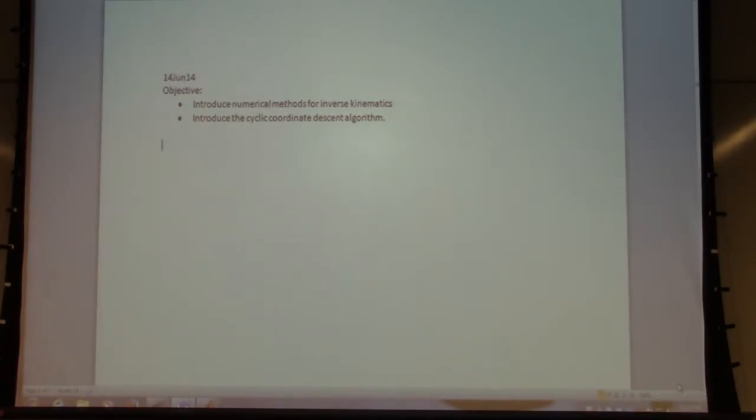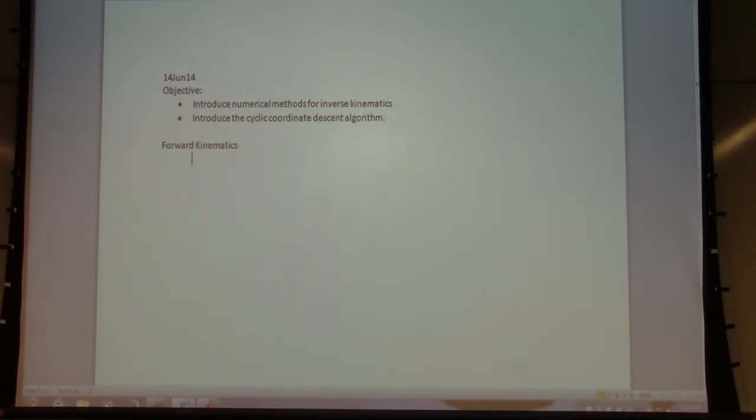So we've done this before, but let's do it again, just so that we can review what forward kinematics are and what the entire goal of looking at the forward kinematics is.